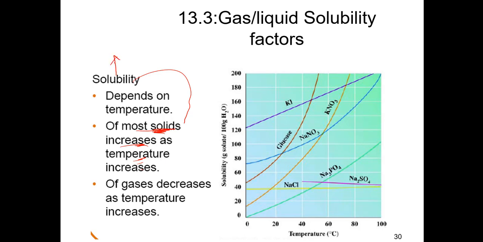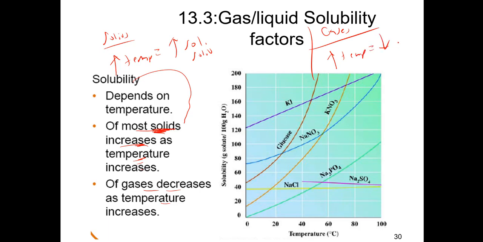So you should make a little note that for solids, increasing the temperature means you increase the solubility. On the other hand, if we're dealing with a gas, then gas solubility decreases as temperature increases. So on the other side, I'll just say gases, and then memorize this trend. As temperature increases, gas solubility decreases.